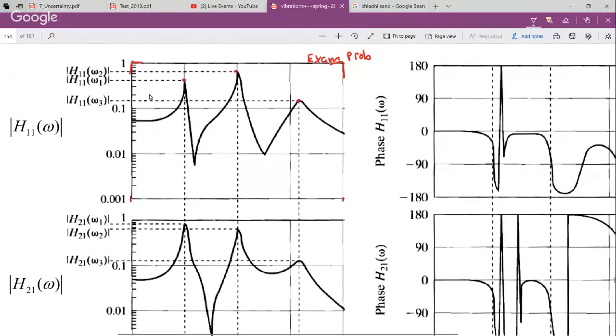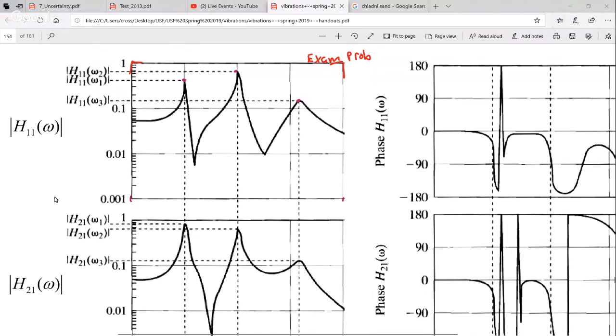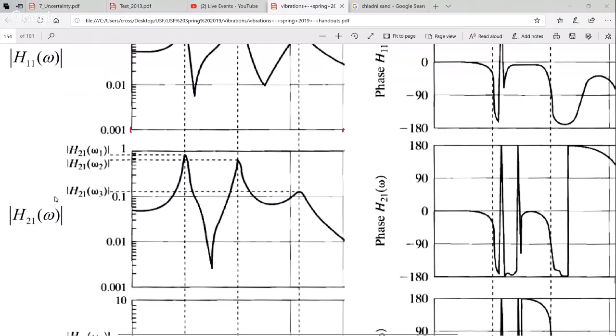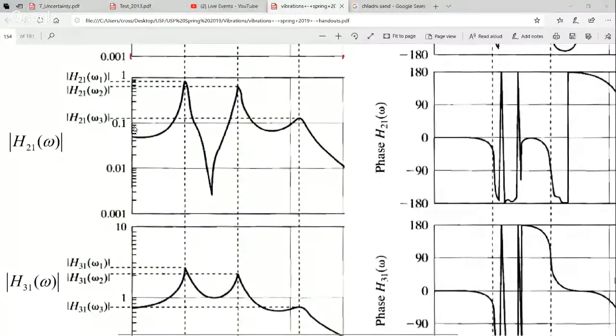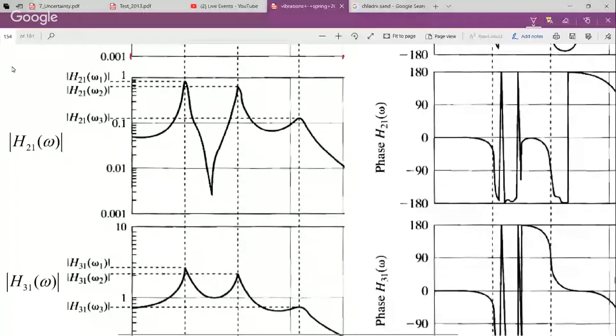However, because of mode shape, even at a given mode, the magnitude is going to be different at different locations. So when we move the accelerometer from point 1 to point 2, our magnitude instead of being H11 is going to be H21.